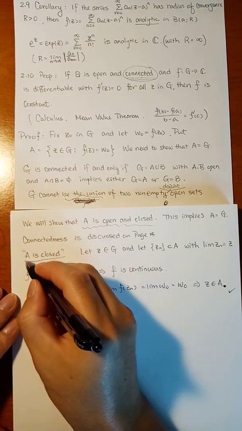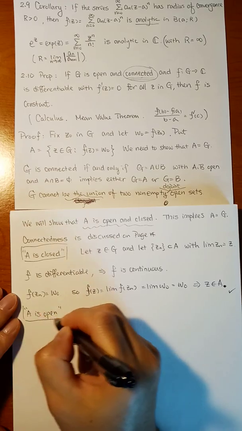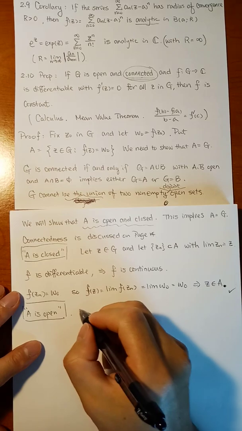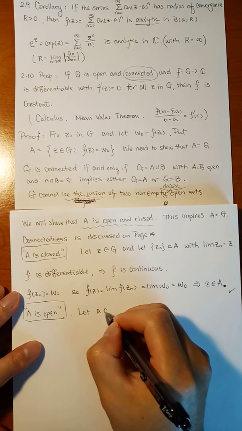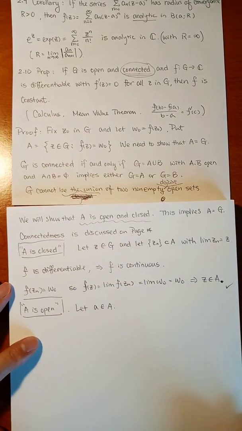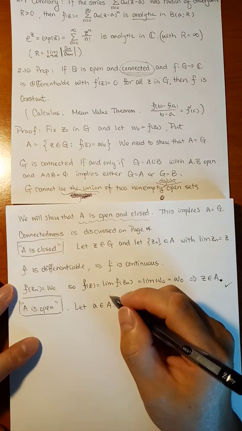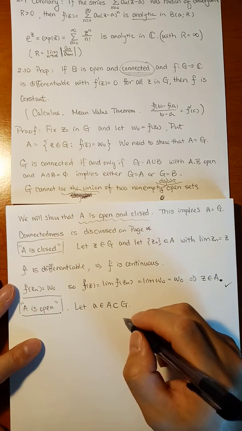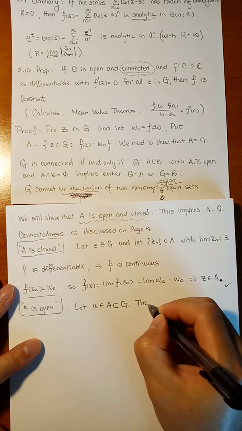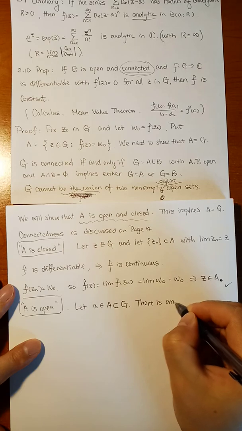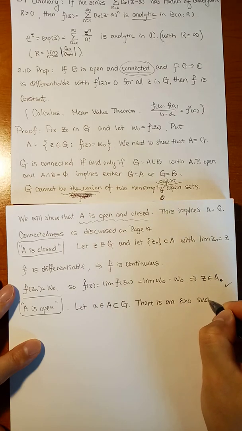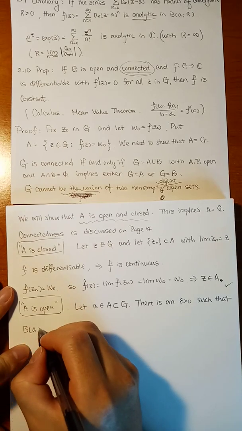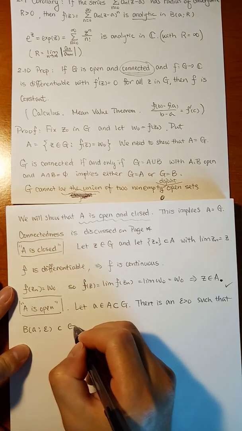Let a be in set A. Set A is a subset of G. G is open, so there is an epsilon greater than 0 such that the ball centered at a with radius epsilon is totally contained in G.